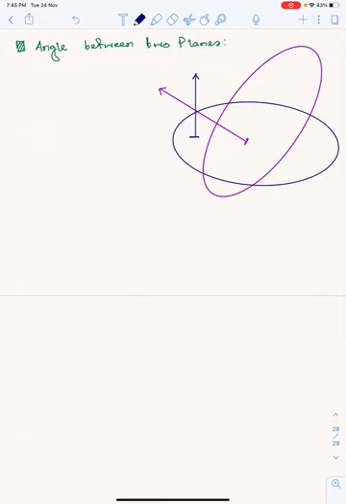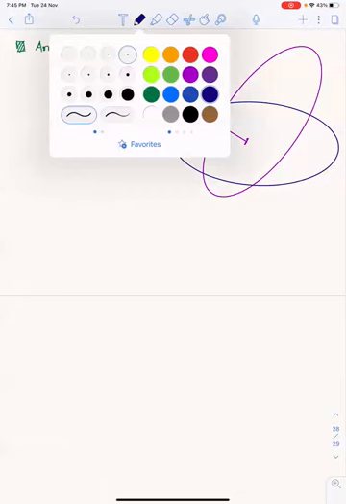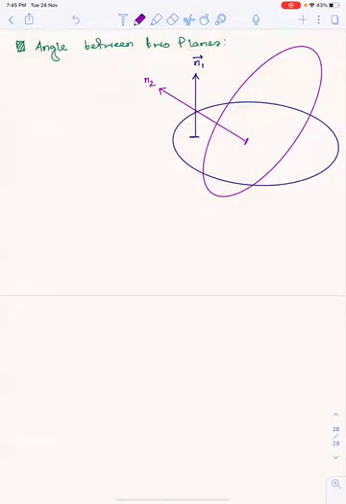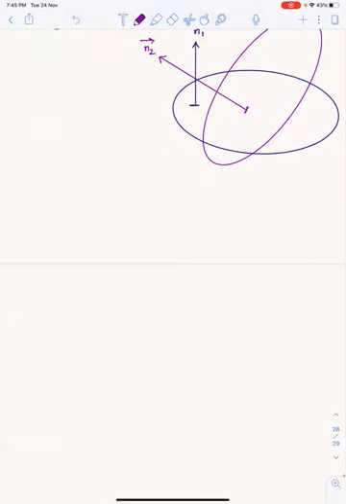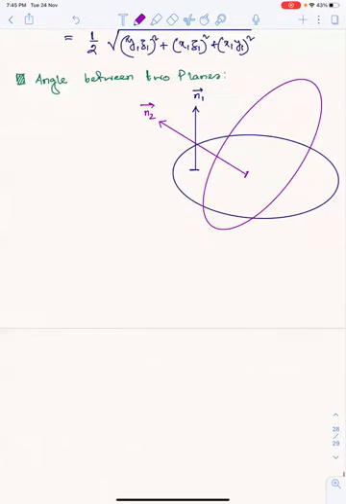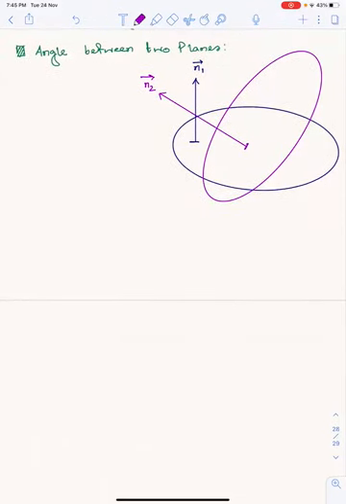Okay. So if we try to consider the angle between two planes, it will be the same as the angle between these two direction vectors, which are outward normal directions. So the angle between two planes is considerable as the angle between their outward normals. Is that okay with everyone?